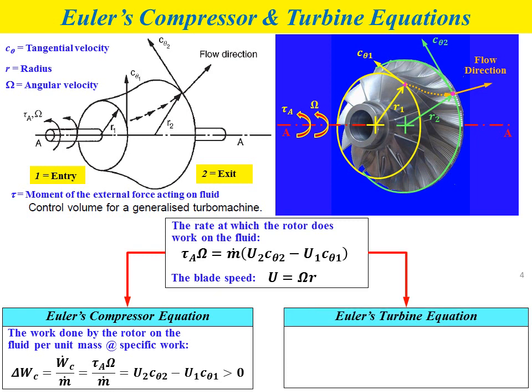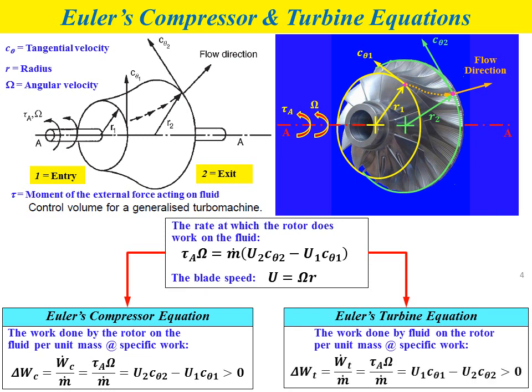However, for the turbine, referring to the same equation and dividing by the mass flow rate, you will get the work done by the fluid on the rotor per unit mass, or specific work for the turbine.